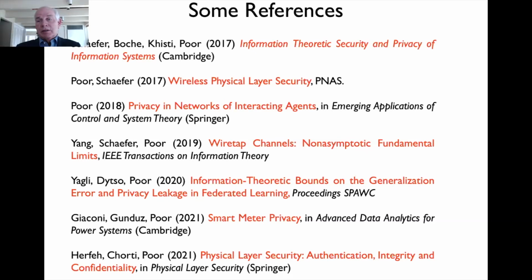Well, not specifically about things like security, but there's a lot of interest in machine learning and wireless networks. In fact, I have a book with some colleagues coming out, machine learning and wireless networks.